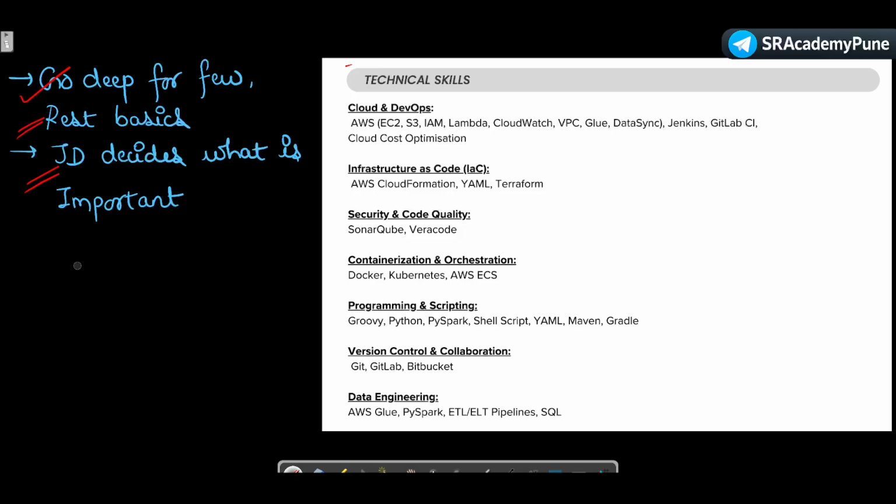Let's say you have one opening that says we need someone with expertise in networking in AWS. If the JD says this, then for sure in your tech stack you should include VPC, SG, NAT gateway, and internet gateway.